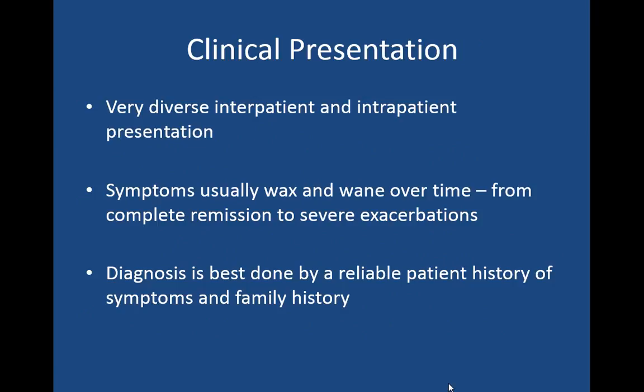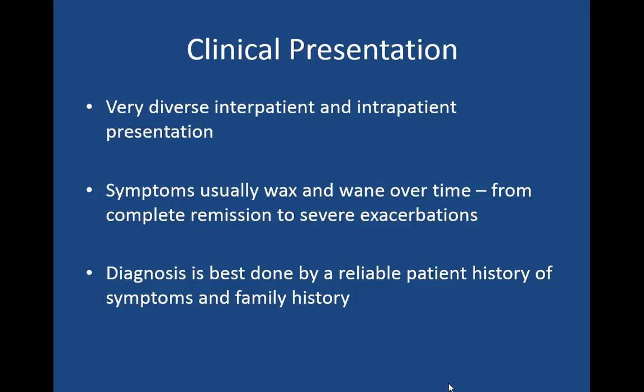So what do these patients look like? Well, it varies. There can be a patient with asthma that lives a totally fine, normal life. They play sports. They have no impairments in their daily activities. And then you can have another patient with asthma that can't walk from here to the door without having an asthma attack. It can vary between patients, and it can also vary at different parts in their life.